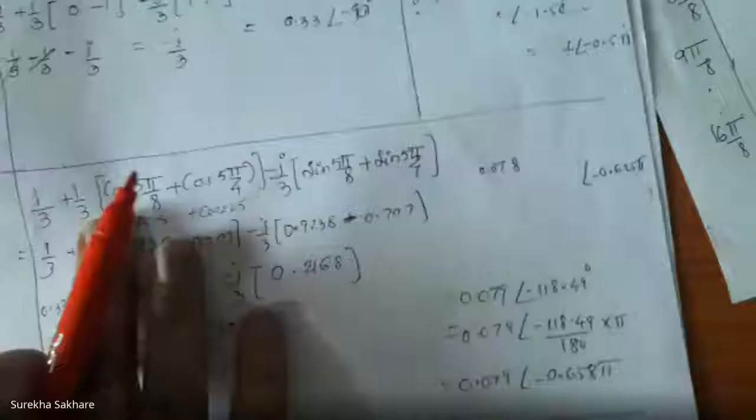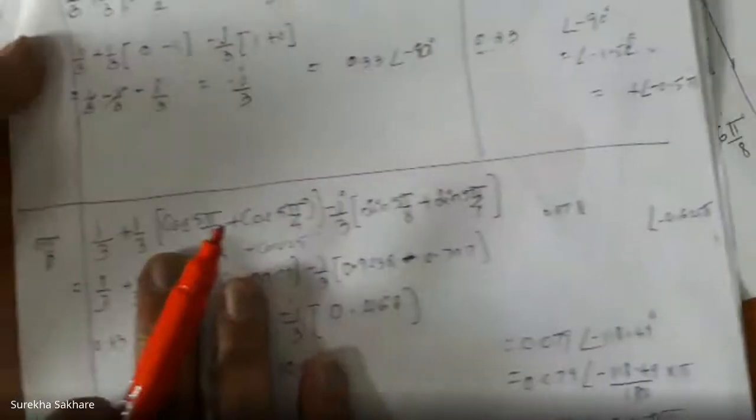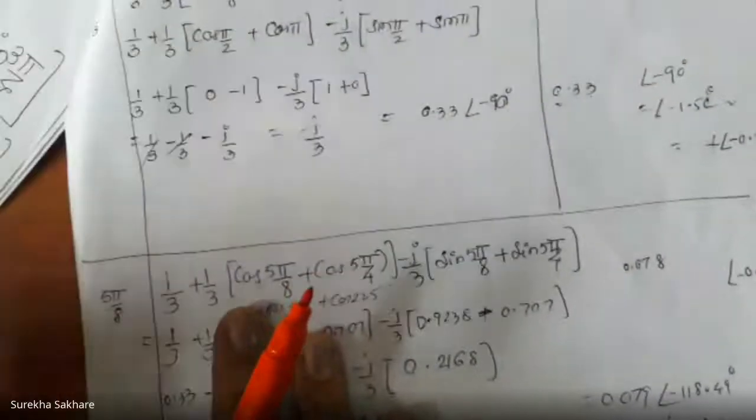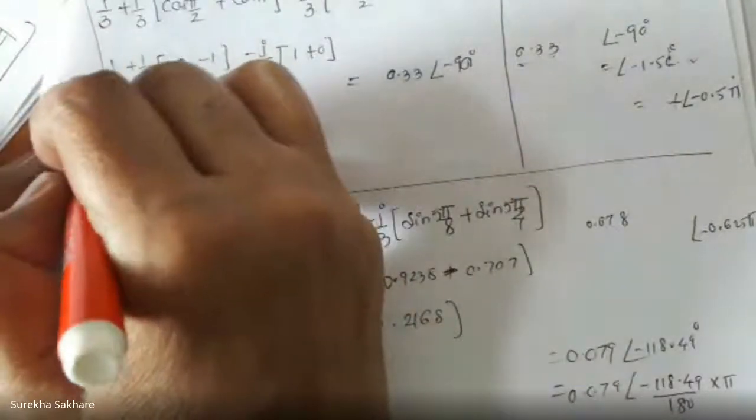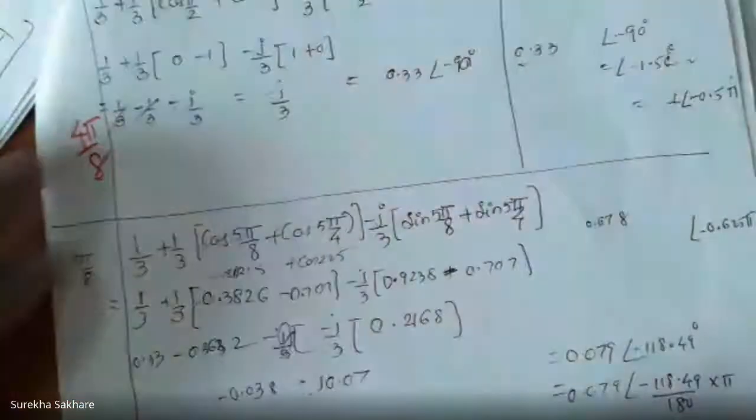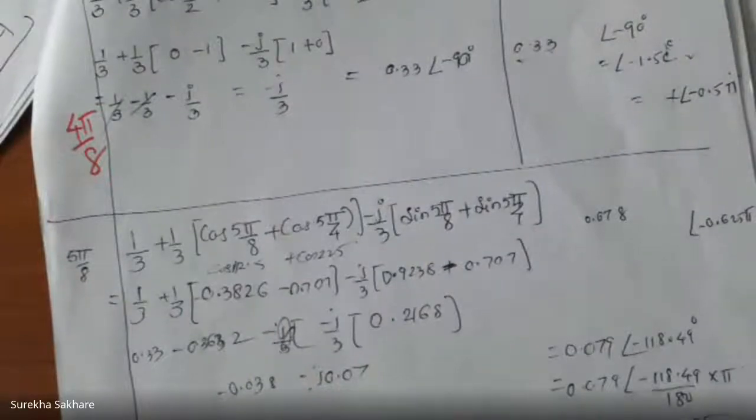Similarly obtained for 4 pi by 8. Okay, it was for 4 pi by 8. This is for 5 pi by 8. Then we obtain for 6 pi by 8.